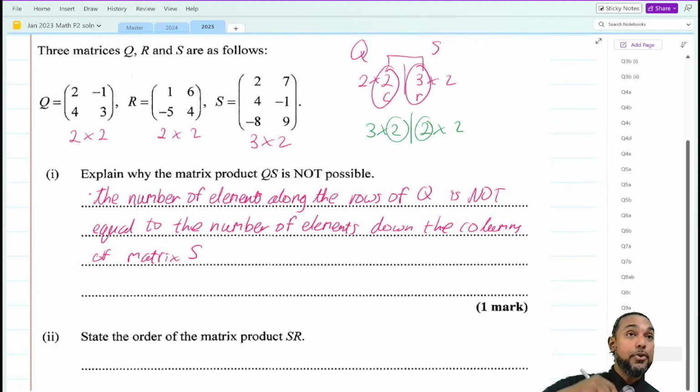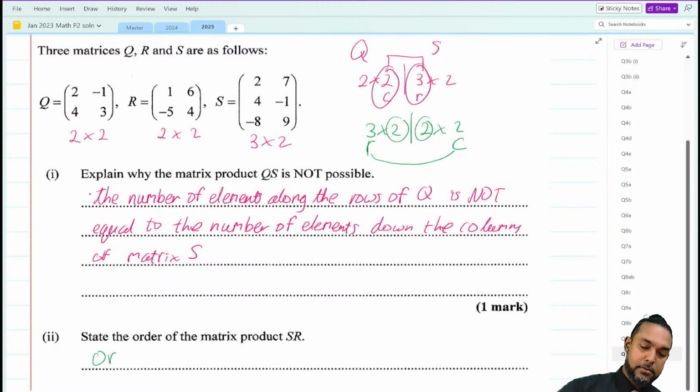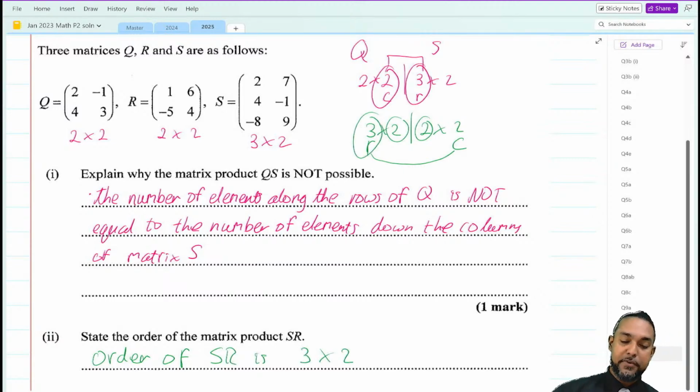And we can know what the resulting matrix order would be by taking the number of rows in the first matrix and the number of columns in the second matrix. So the order of SR is 3 by 2: the number of rows from the first matrix S, and the number of columns from the second matrix R.